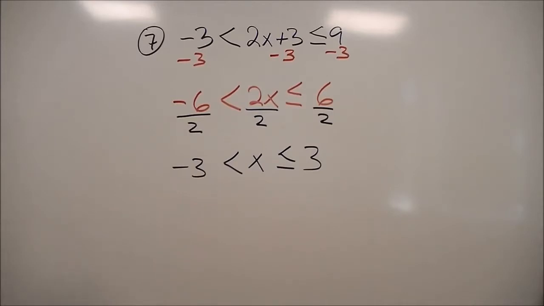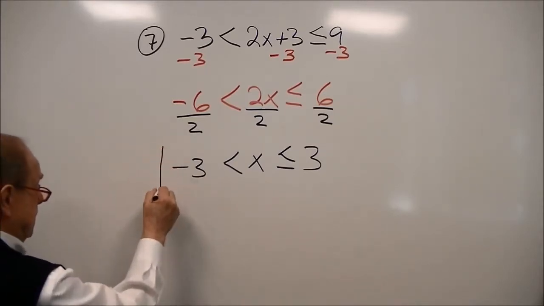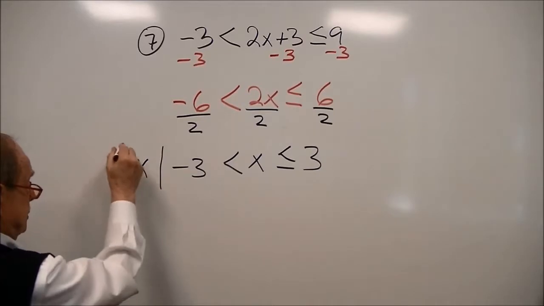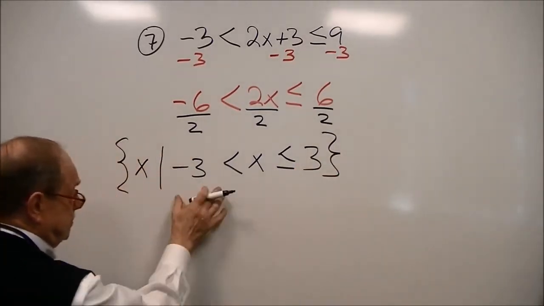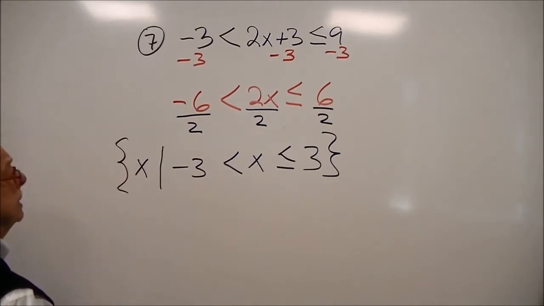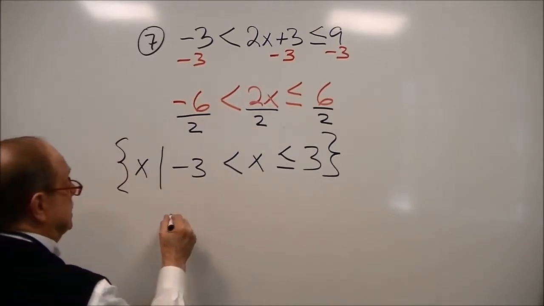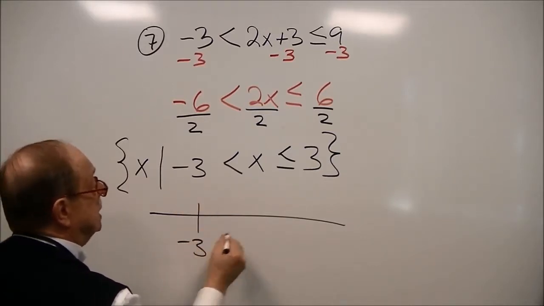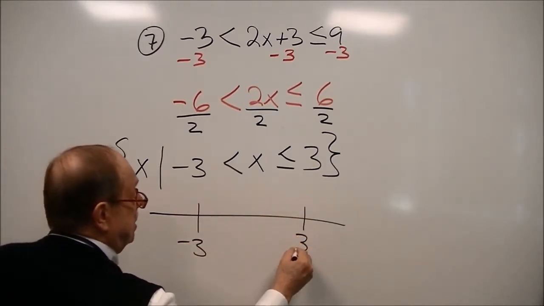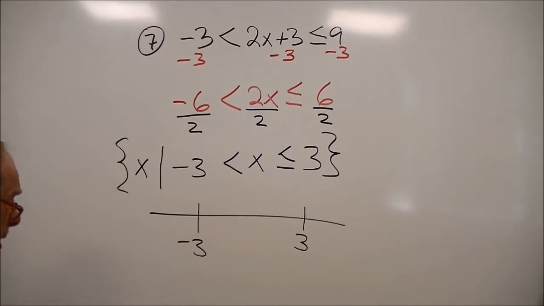So to put this in set builder notation, we just put a line there and say x is such that. To graph it, the numbers we're interested in are a negative 3 and a positive 3.